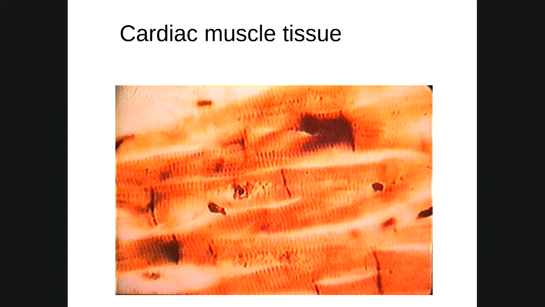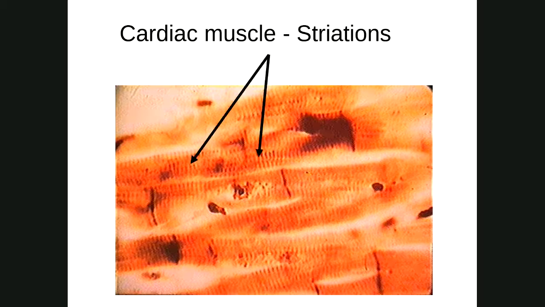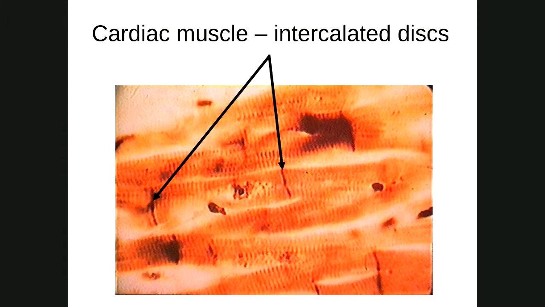They'll both have more than one nuclei. Cardiac muscle can have 1 to 2 nuclei per cell. But it also has these structures here, these dark, thicker lines. Those are called intercalated discs. Intercalated discs are where you'll find what we call gap junctions and desmosomes.